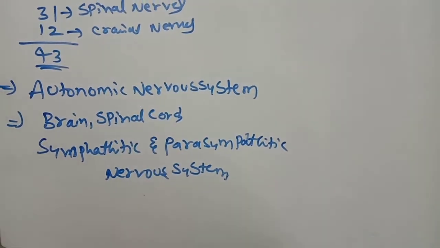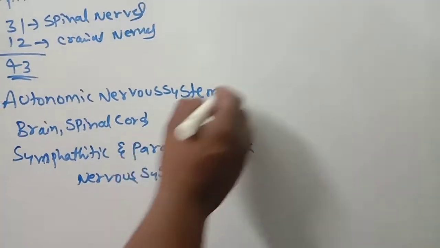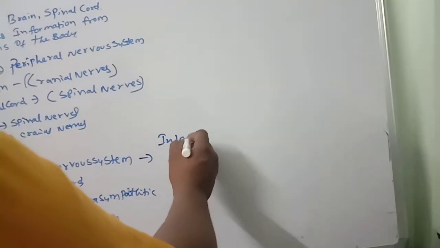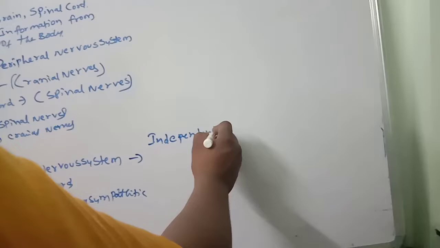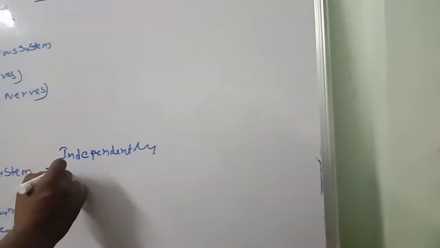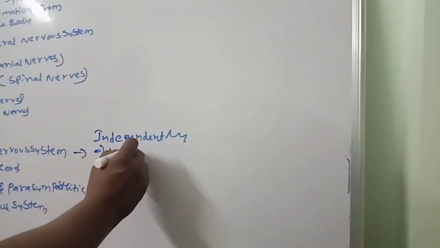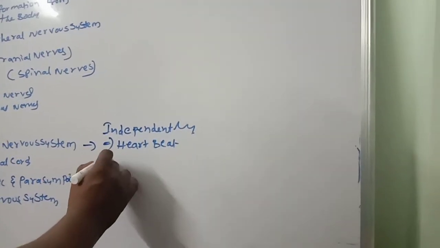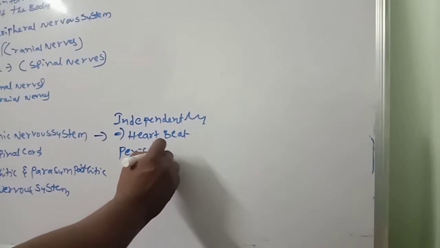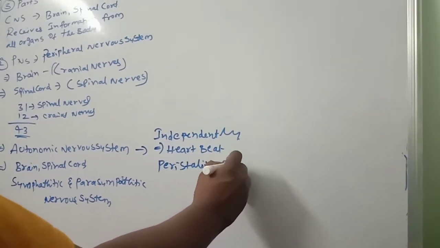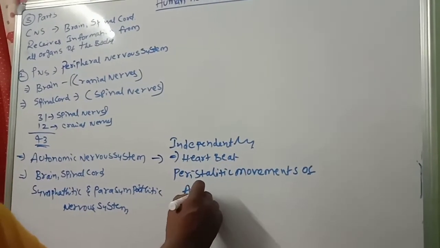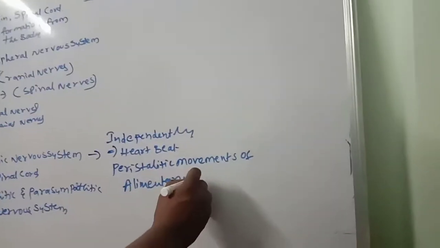This autonomic nervous system, even though connected with the brain and spinal cord, will work independently. For example, the heartbeat, and the peristaltic movements of the alimentary canal.